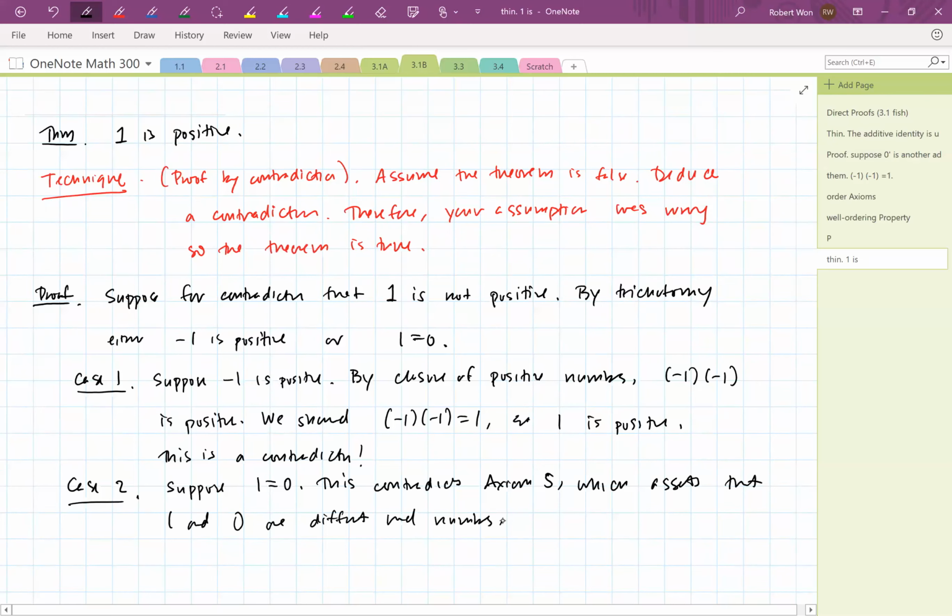So no matter what, we've arrived at a contradiction. Therefore, our assumption must have been wrong. So it must be the case that 1 is actually positive. So in either case, we arrive at a contradiction. Therefore, 1 must be positive.